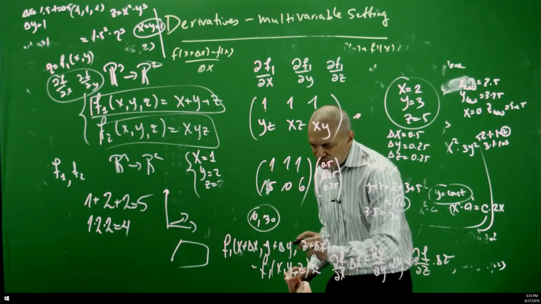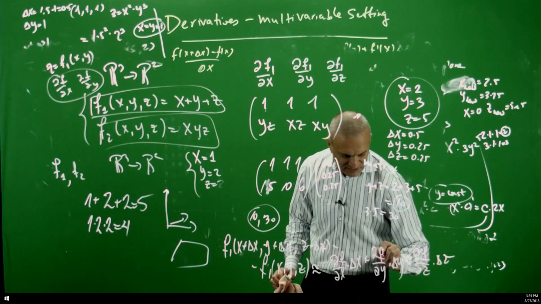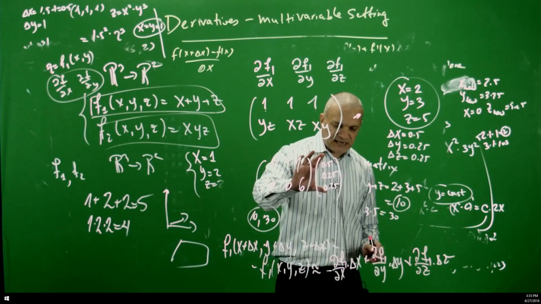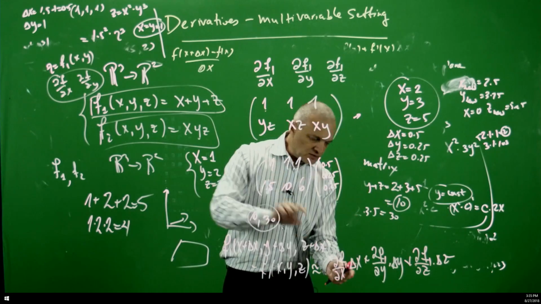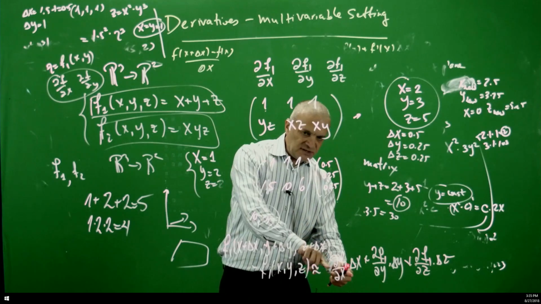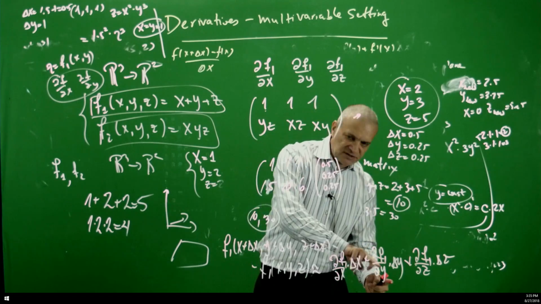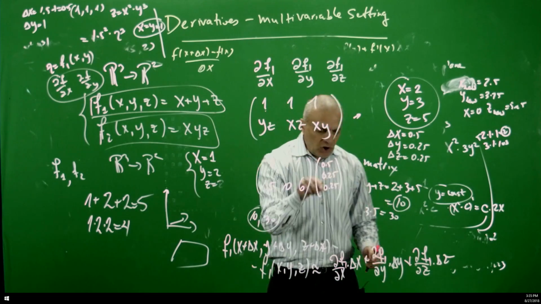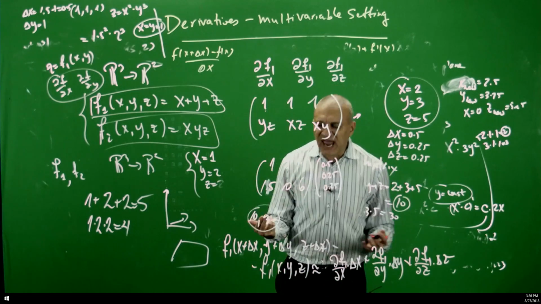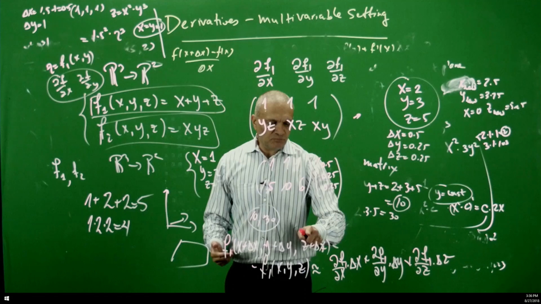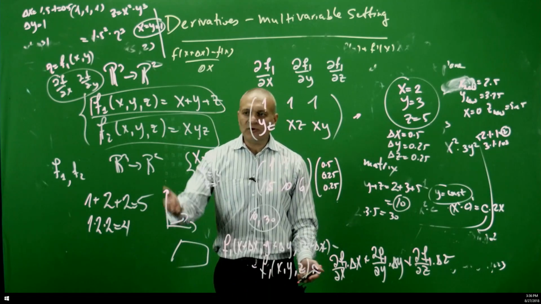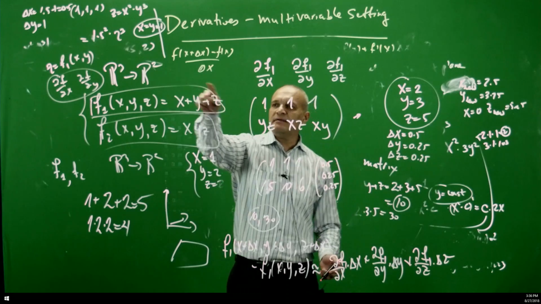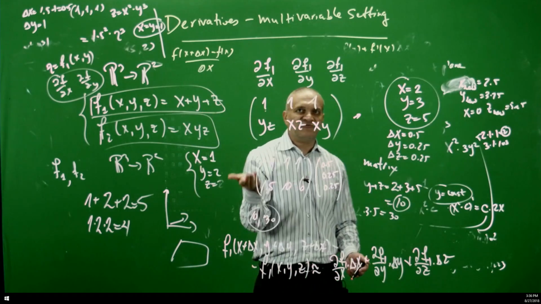And here I'm going to put f1, so it's delta f1, delta f1, delta f1. So when I'm taking this matrix, this times this corresponds to this, this times this corresponds to this, and this times this corresponds to this. Okay? So overall, it's going to give me the total change of f1 minus f1 of x, y, z.